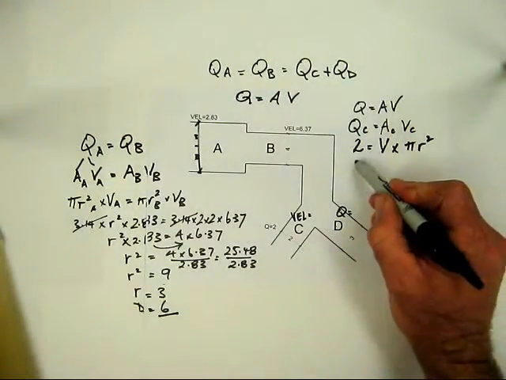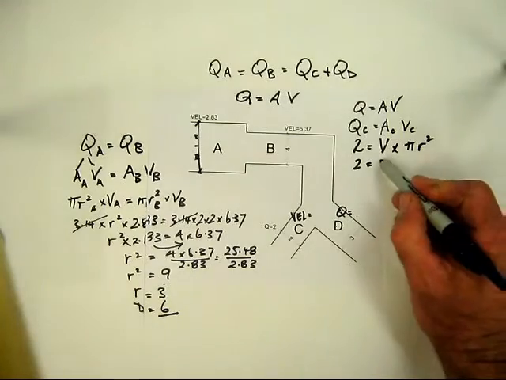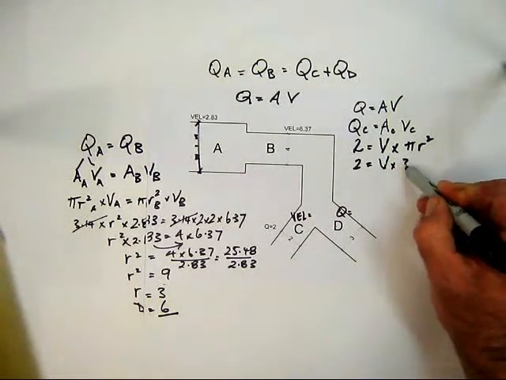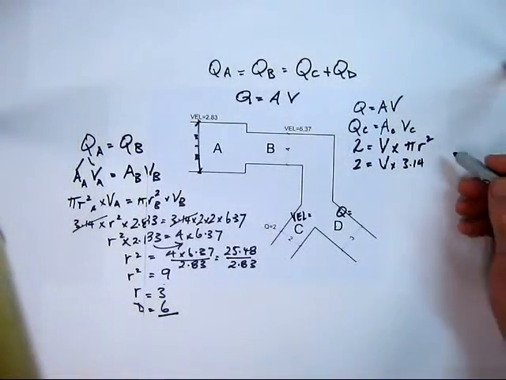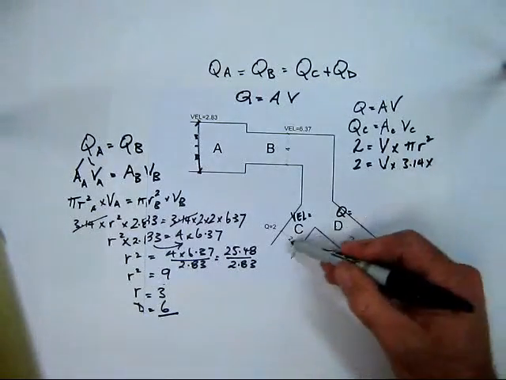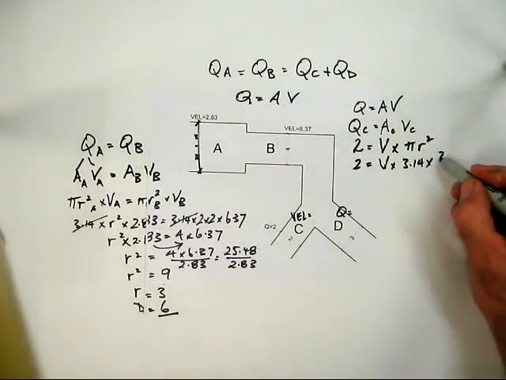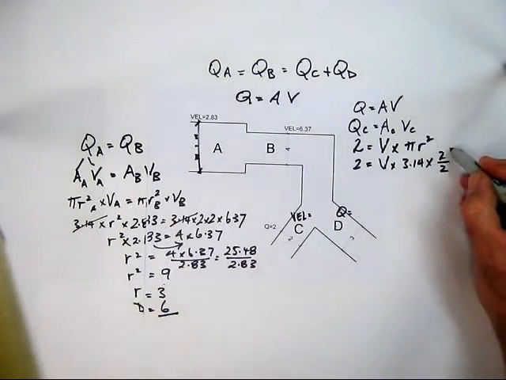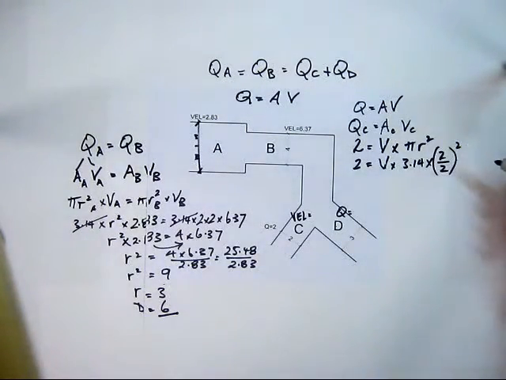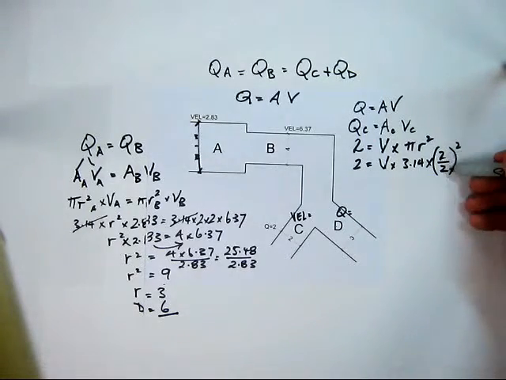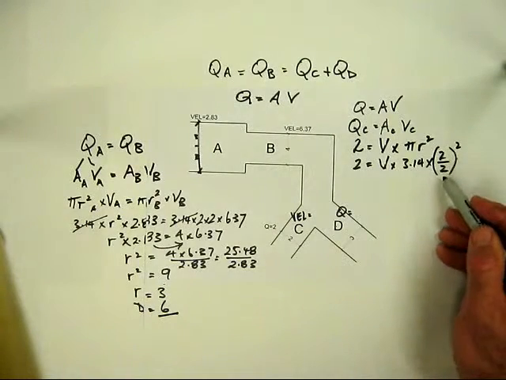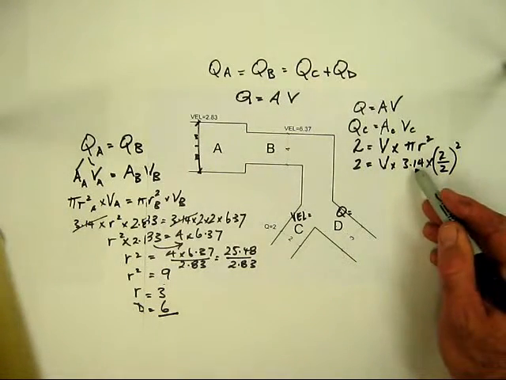So we can rewrite that as 2 equals V times pi, 3.14, times the radius, which is the diameter 2, divided by 2, squared. 2 divided by 2 squared is 1. 3.14 times 1 is 3.14.